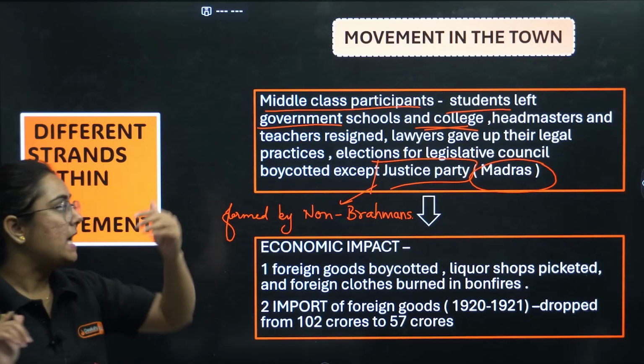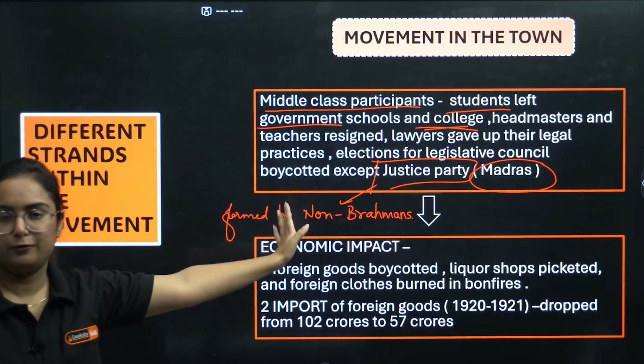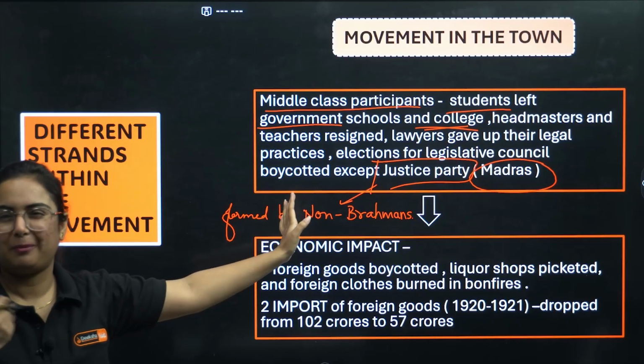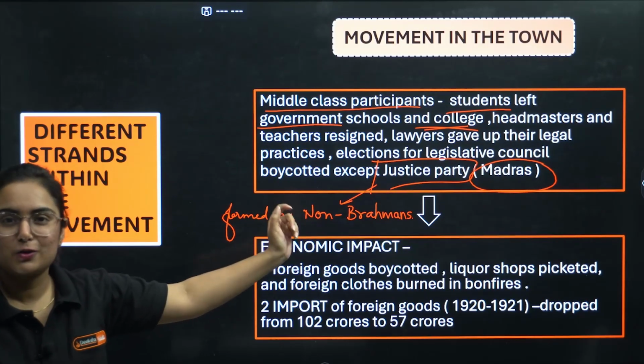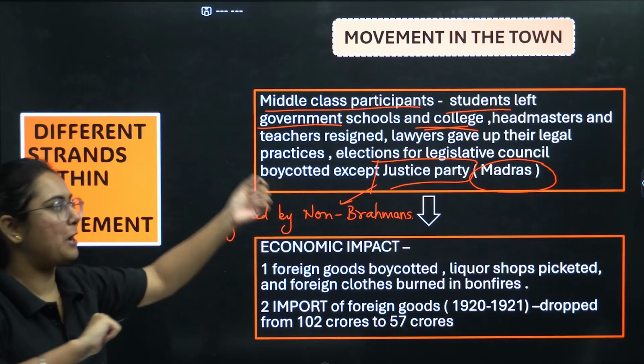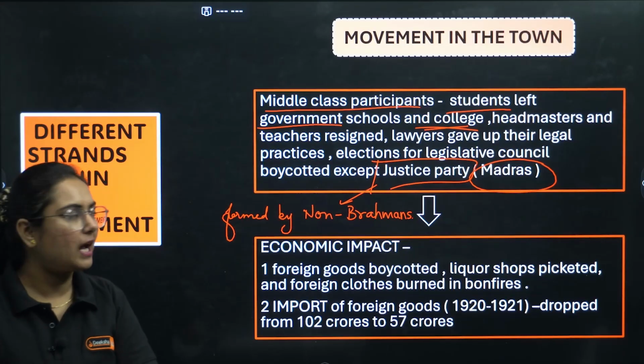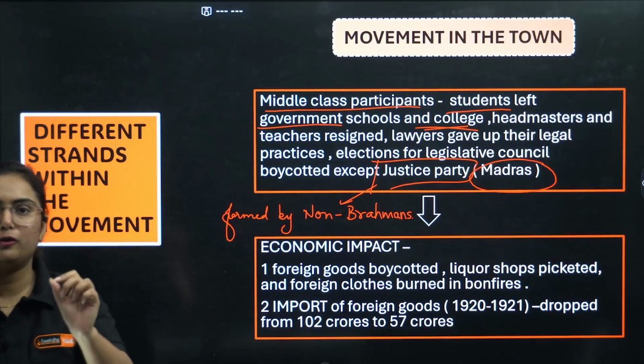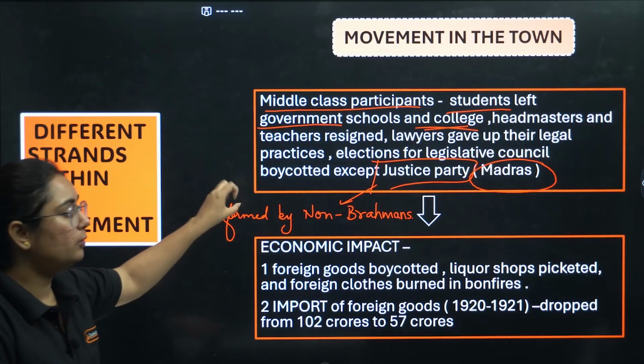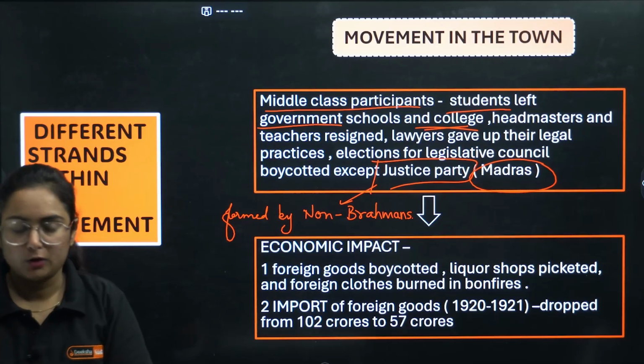Get my point? Coming back to it, so students left school for studying. How happy they might be, na? Teachers left school for teaching. They resigned. They are also happy. Now moving forward, lawyers left their law practices, etc. It's only a joke, but the situation was very difficult at that time.